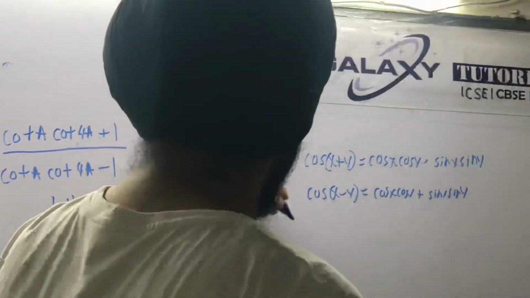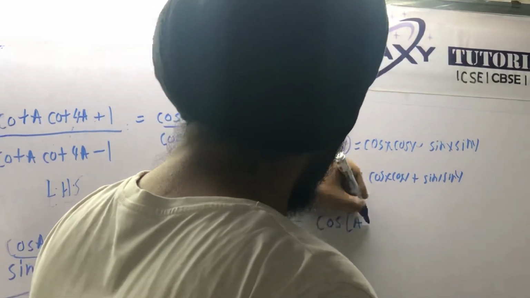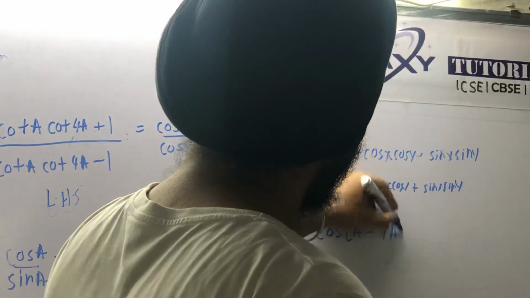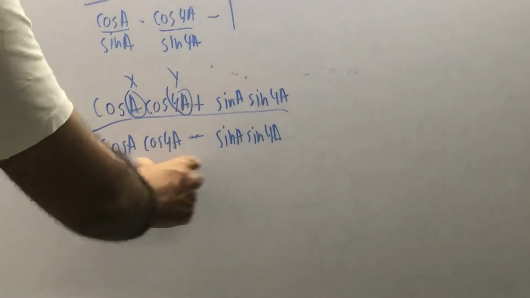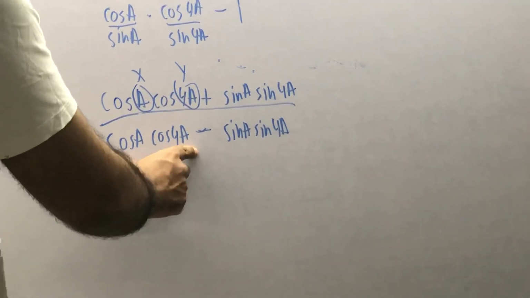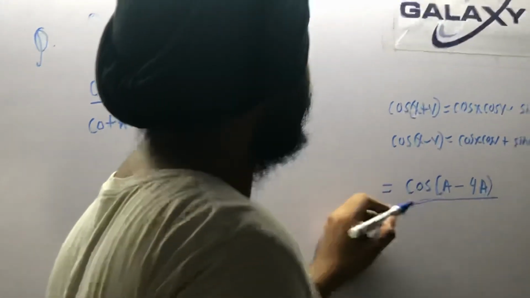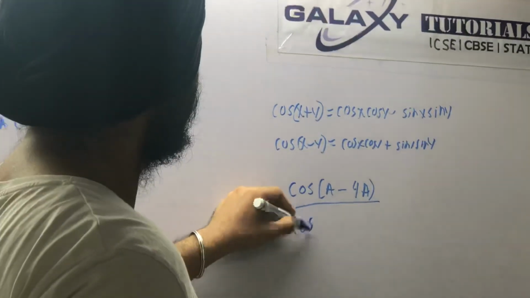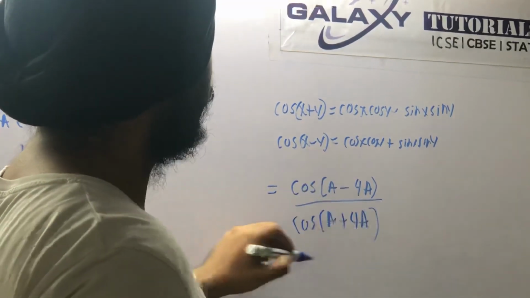So what will you write here? Cos A minus 4A upon cos A cos 4A minus sin A sin 4A. In other words, cos x cos y minus sin x sin y is cos x plus y. So cos A plus 4A.